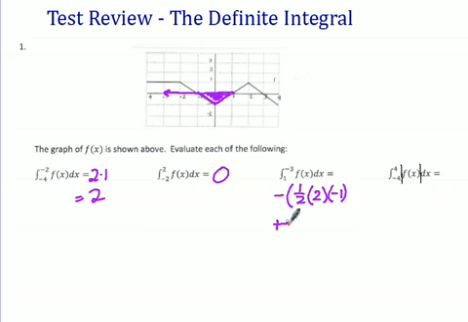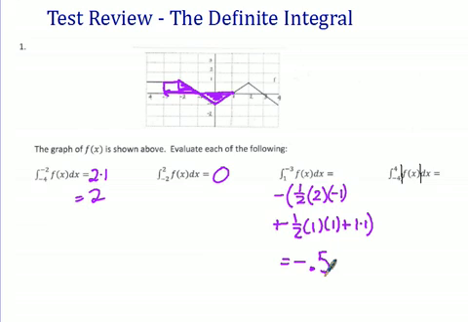Then I'm going to add to that the area of this triangle, which would be 1/2 times 1 times 1. And finally, the area of this square, which is 1 times 1. And so if we add all of that together, we get -0.5, or -1/2.